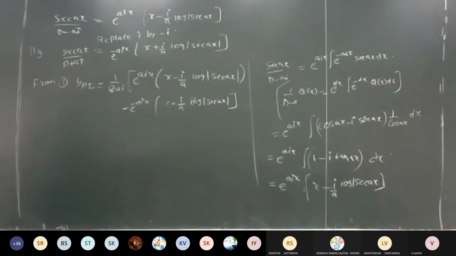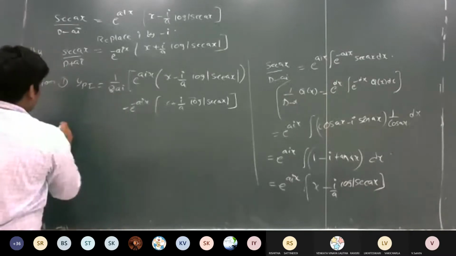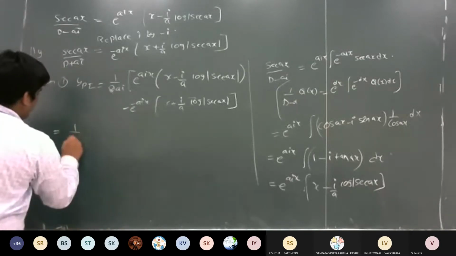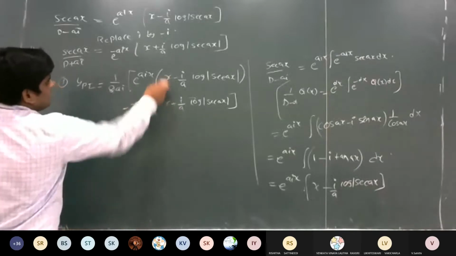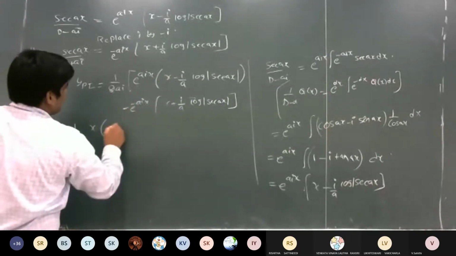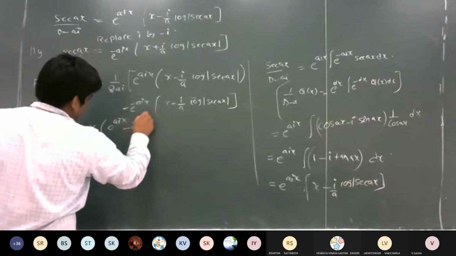Just to simplify this one, 1 by 2ai is common. From these two steps, x is common, so it is e power aix minus e power minus aix.